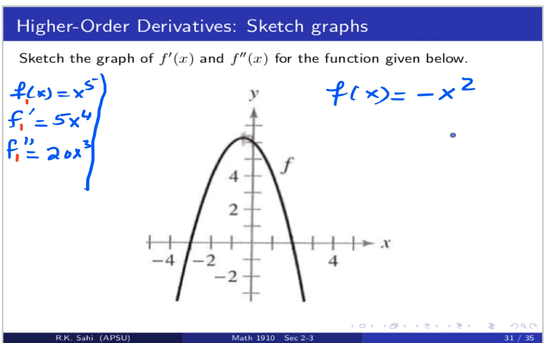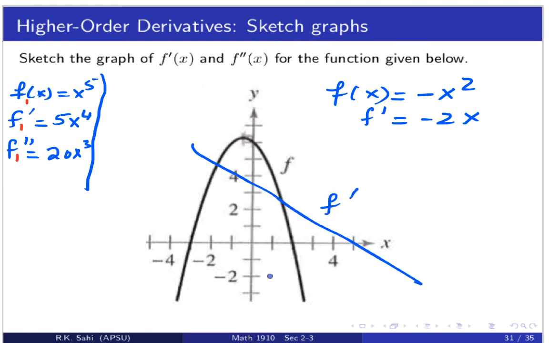I'm just assuming it's a squaring function, though it will definitely have some more terms, but at this point I'm keeping it simple because I have to sketch the graph. So f of x is minus x squared. F prime would be what? Negative 2x. The graph of this f prime is what? A straight line, but it has a negative in front of x, that means it's a straight line going down. So eyeball it and you say, hey, this is f prime.